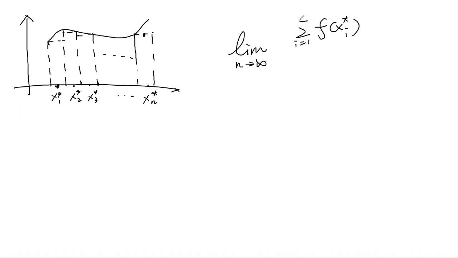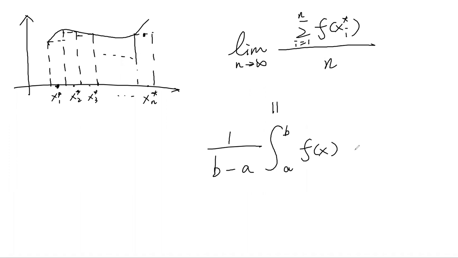Then we calculate the sum, just like what we did for a finite collection of numbers, then divide by n. And when you let n go to infinity, you will realize this is actually equal to 1 over b minus a multiplied by the integral from a to b of f of x dx.